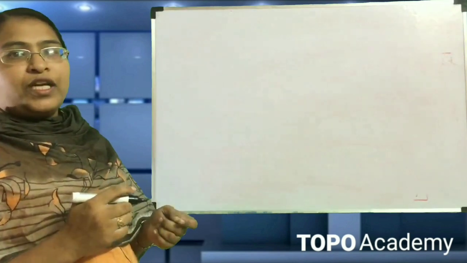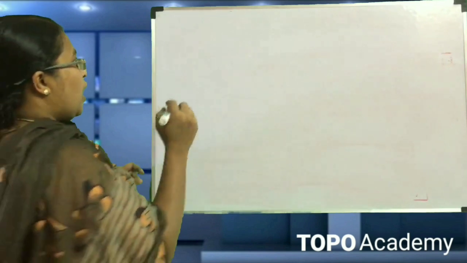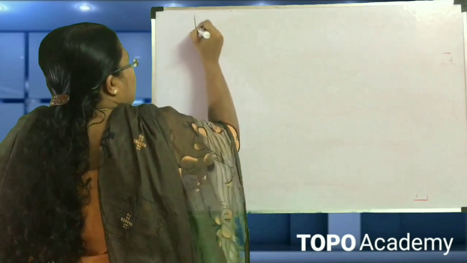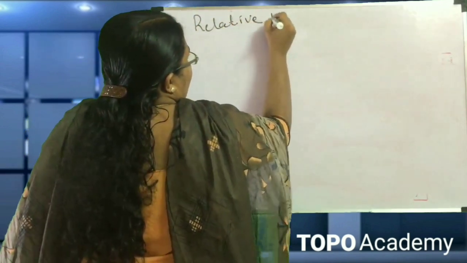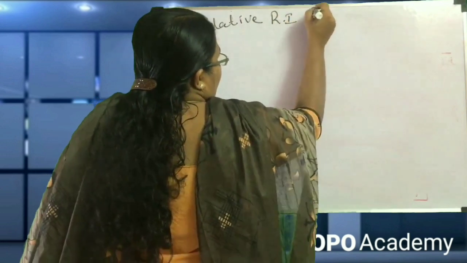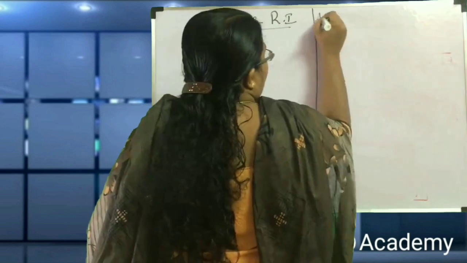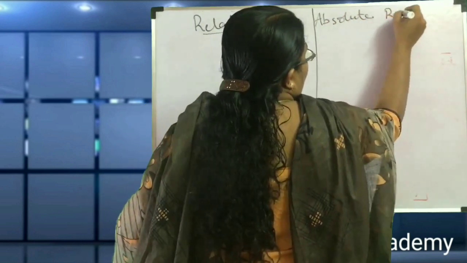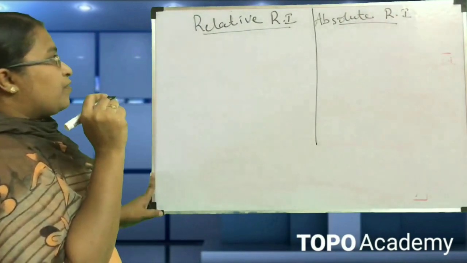Next we have to see the different types of refractive index. There are two types of refractive index: relative refractive index and absolute refractive index. So what is relative refractive index?